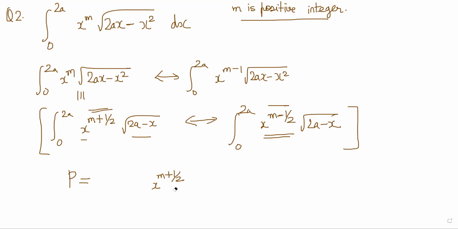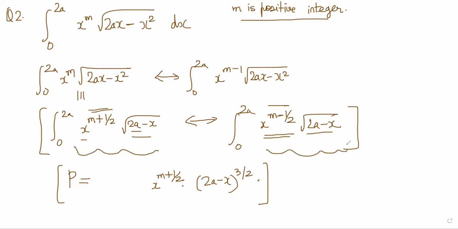We're just constructing the p function here. And it is multiplied by (2a − x). Now for 2a − x, in both the cases the power is 1/2, so we'll add 1 to that, and it will become 3/2, right? So this is my p function that I have constructed. Now I'll differentiate this p, and I will be able to write the answer in terms of this integral and this integral, right? So let's see if it works out or not.